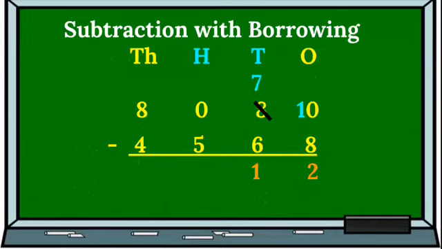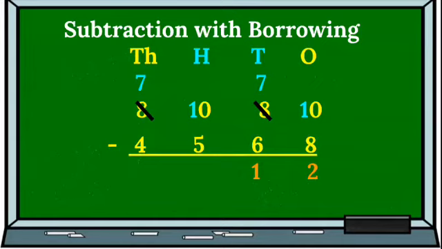So we go to our neighbor on the left, thousands. So we borrow again from our thousands. So we're going to borrow from the 8. We're taking 1,000 from the 8. So once we borrow that 1,000, we know it's going to be a remainder of 7. And that 1,000 added to our hundreds, now we have 10 hundreds.